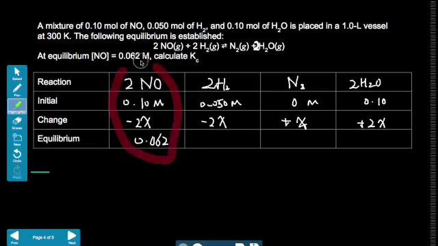And using this information, we can set up an equation and find out what x is.